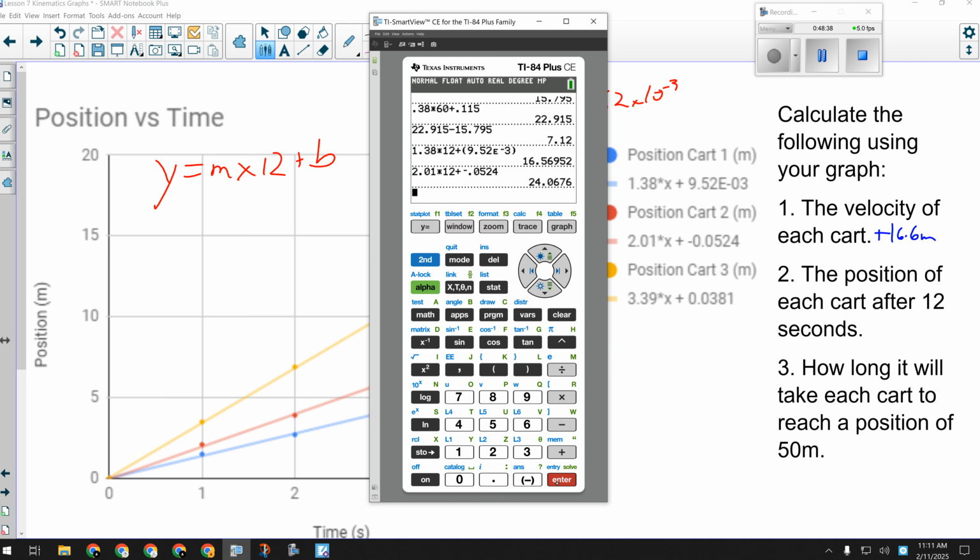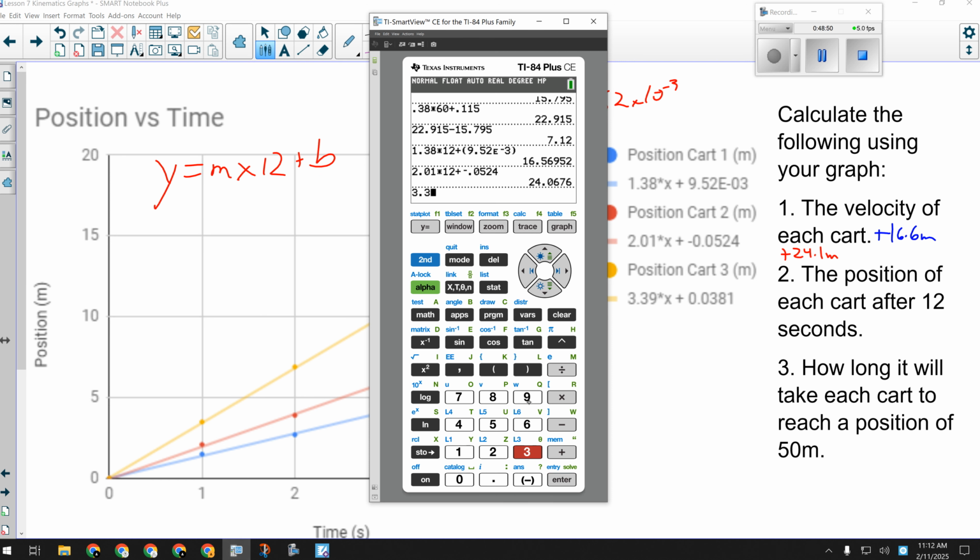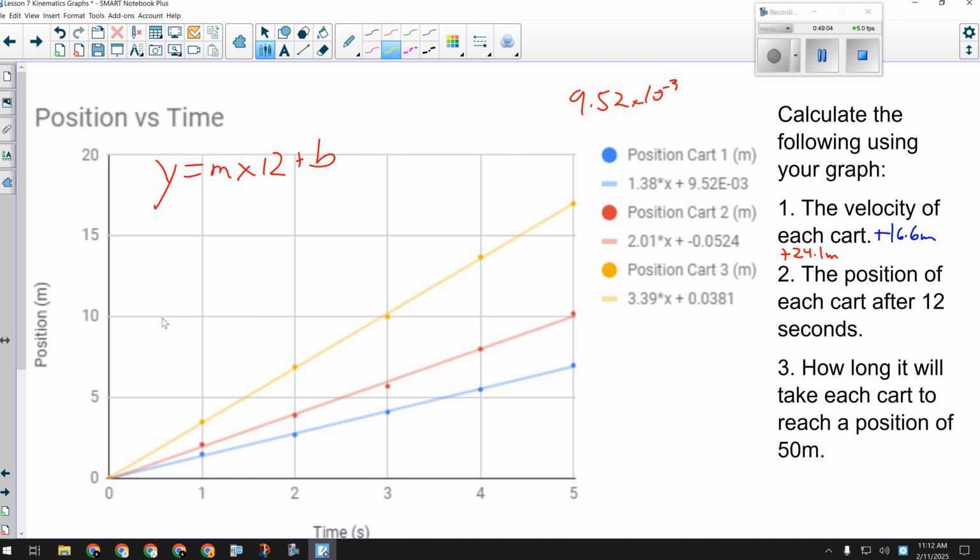All right, so for that one, we're looking at 24.1, positive 24.1 meters. And then for the yellow one, 3.39 times 12 seconds, whoop, not plus, times 12 seconds, plus 0.0381. All right, so we're looking at 40.7, positive 40.7. Okay, everybody all right with that one?